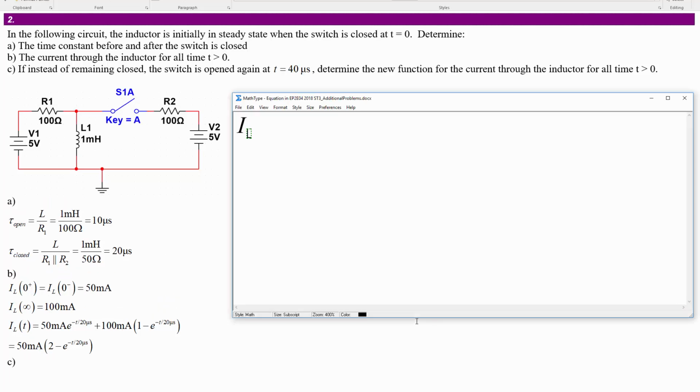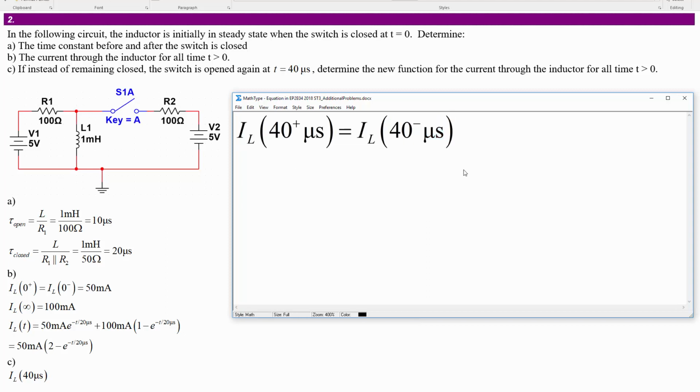We'll have the initial point is now what we had at 40 microseconds. And for that, what we'll do is we can say, hey, right after 40 microseconds, because the current can't change instantly, the same as the current right before 40 microseconds.